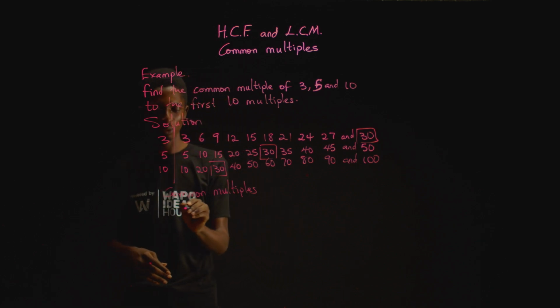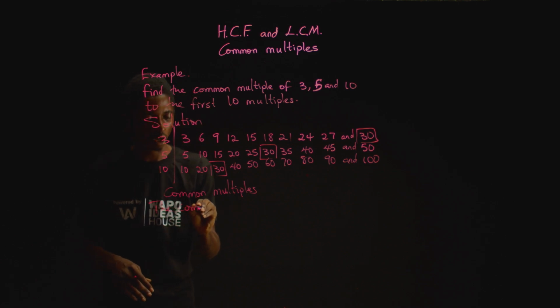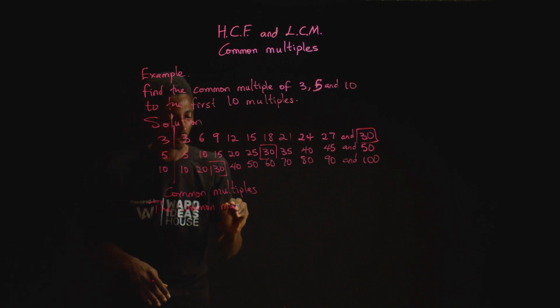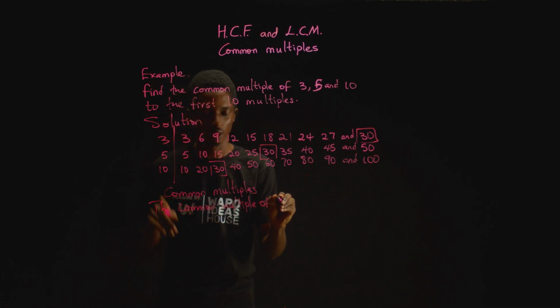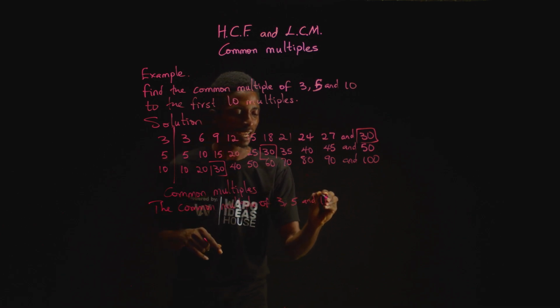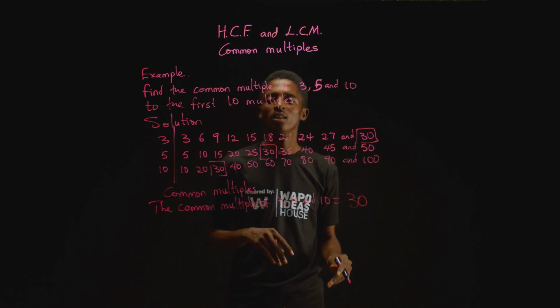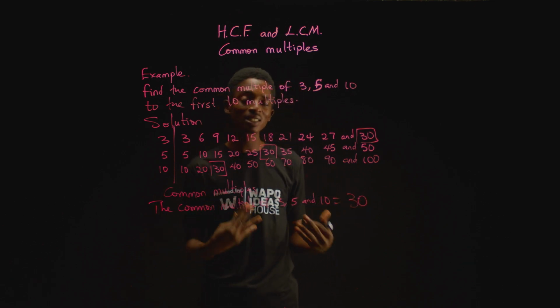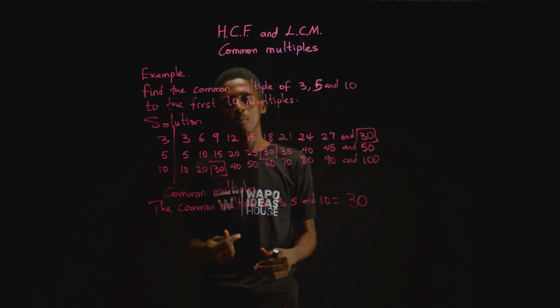So the common multiple of 3, 5, and 10 is 30. You can try this by listing the first 10 multiples of 3 numbers and see if they have any in common. Thank you.